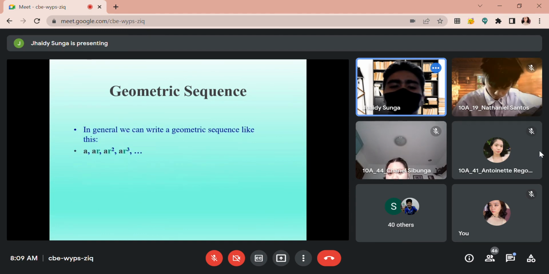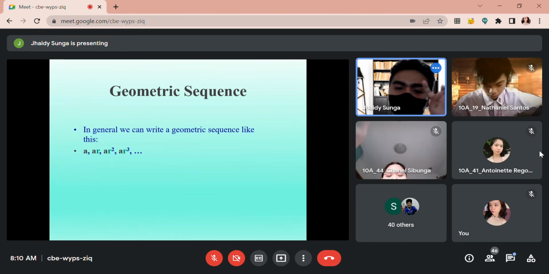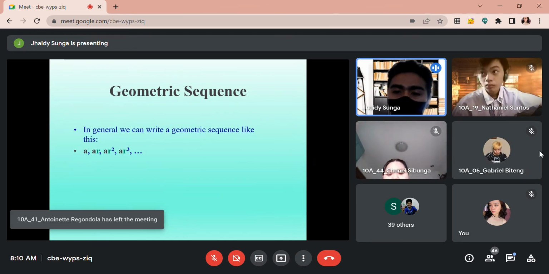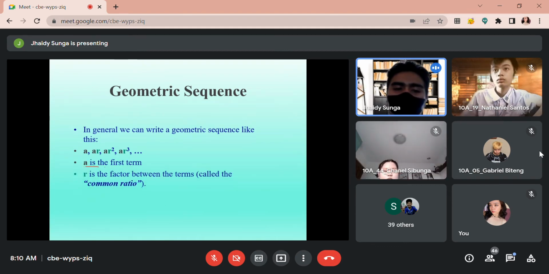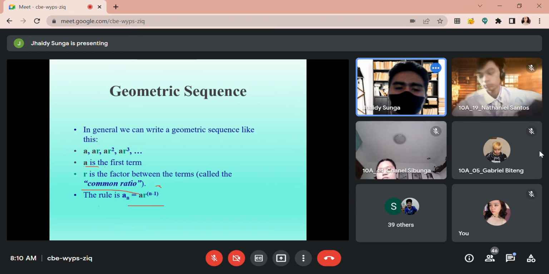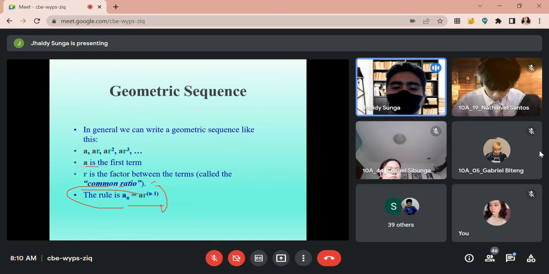Alright, next. So in general, we can write a geometric sequence like this: A, AR, AR squared, then AR cubed, and so on. So we have A, which is the first term, and R, the common ratio, and applying those, we have the rule a sub n is equal to A R raised to n minus 1.